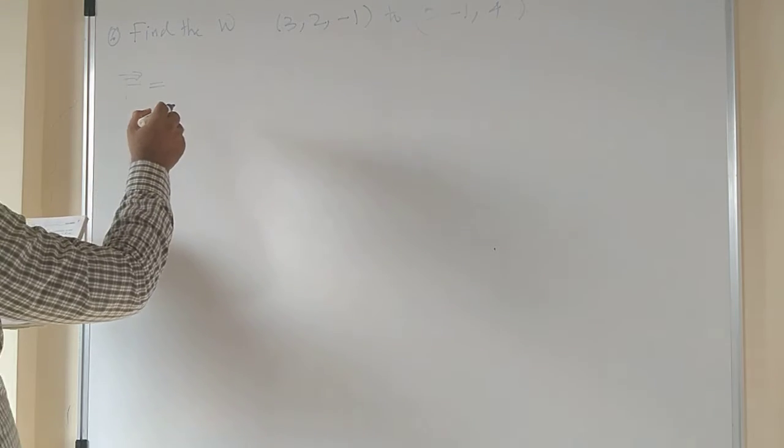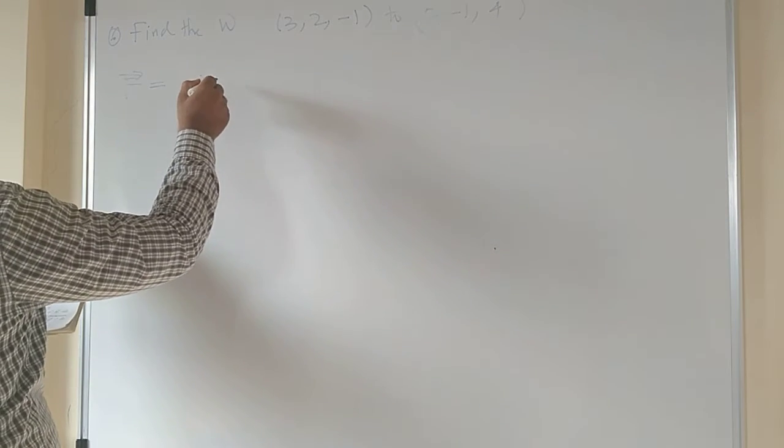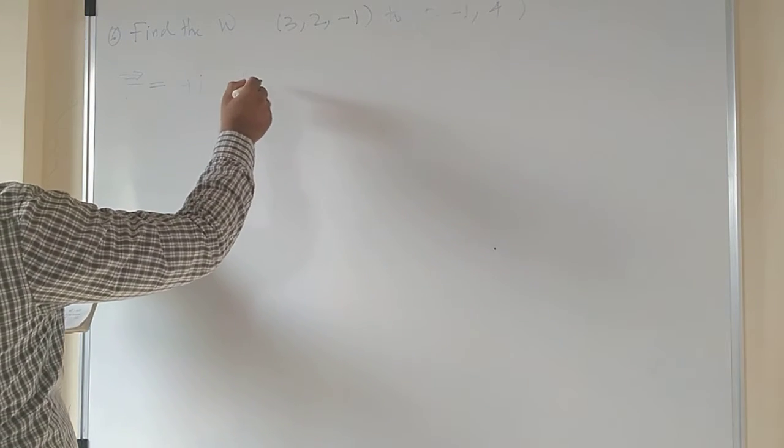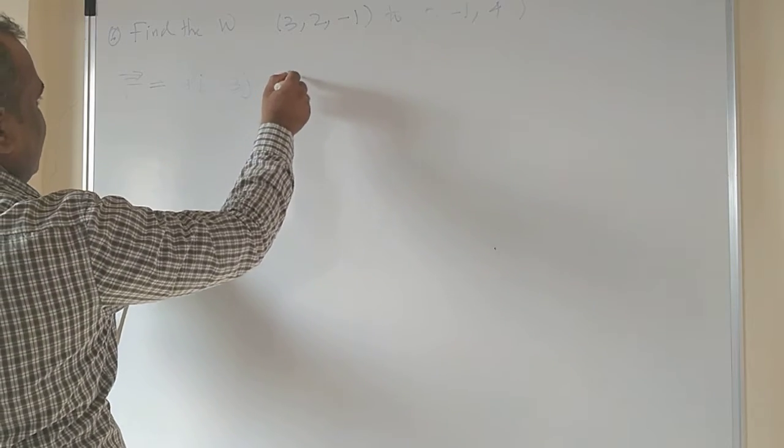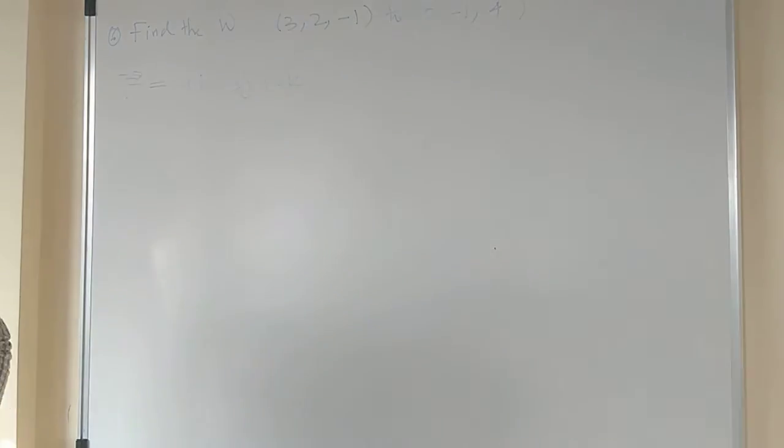This F bar is equal to 4i minus 3j plus 2k. So this is your problem, and let us solve this.